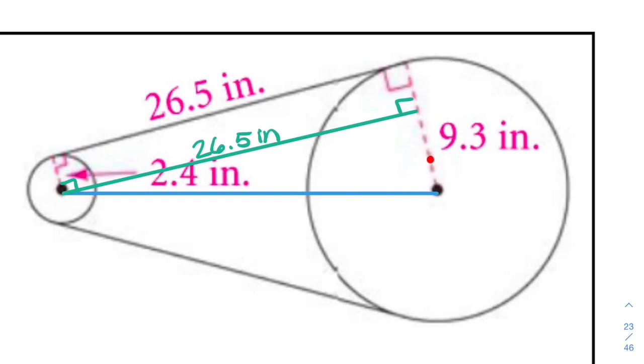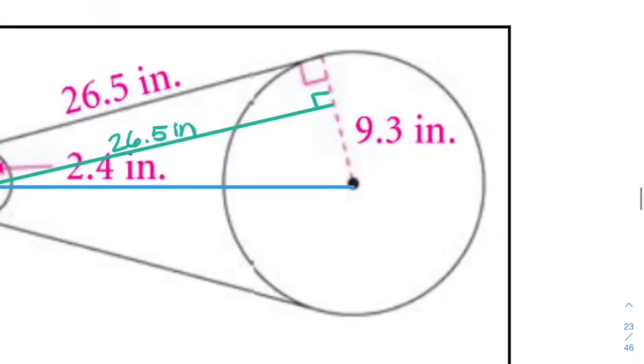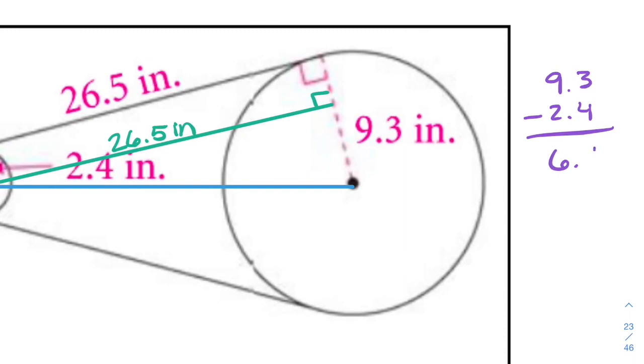But if I'm looking to make this a triangle, I need to figure out what this piece was and take it away so I can find this piece right here. 9.3, well, I know that this part on this side is 2.4. So I quickly do a little algebra, 9.3 minus 2.4, and I get 6.9. Yep, 6.9.